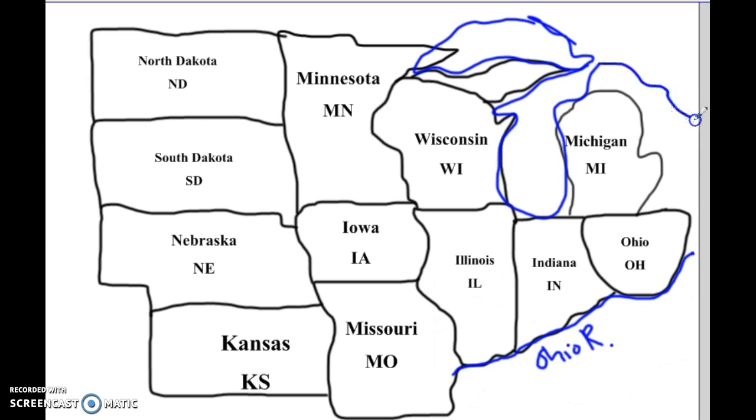Then we have Lake Huron. And tucked down here is Lake Erie, which we know matches the Erie Canal. Of the five Great Lakes, only Lake Ontario doesn't touch this region. So here's Lake Superior, Lake Michigan, Lake Huron, and Lake Erie. I'll show you a trick that we're going to do with this later.